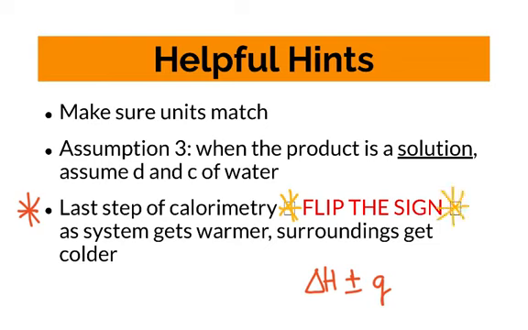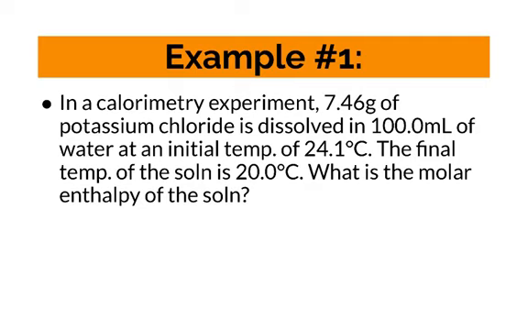This is going to make sure that we take into consideration that as the system loses heat, the surroundings gain the heat. They're always going to be opposite in sign. So mathematically, we're going to solve the calorimetry question for whichever variable is missing, and the last step will always be flip the sign. Now that we've looked at some of the background, let's jump into a question together.